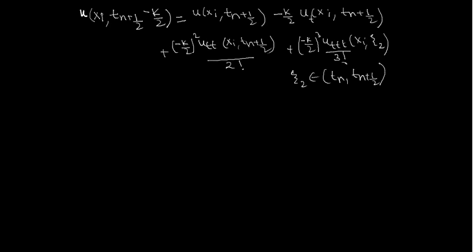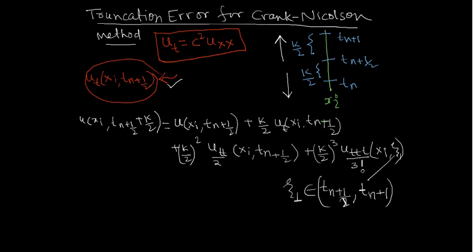What we are supposed to find out is u_t at x_i and T_n plus half. So we have to find out this value. What we will do is subtract this new equation from the first equation.